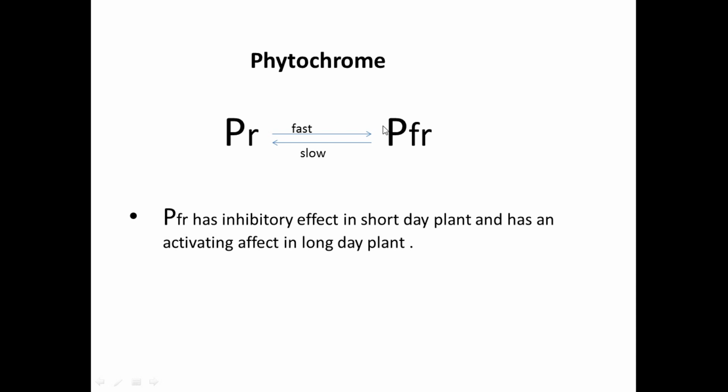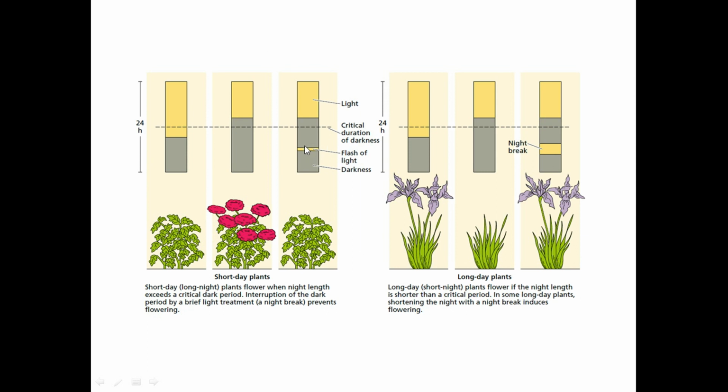Since the reaction is fast, the PFR got accumulated, and as a result it is exhibiting an inhibitory effect. So this could be one of the reasons why this short day plant is not flowering, even though it is having a night exposure, because of this night break.